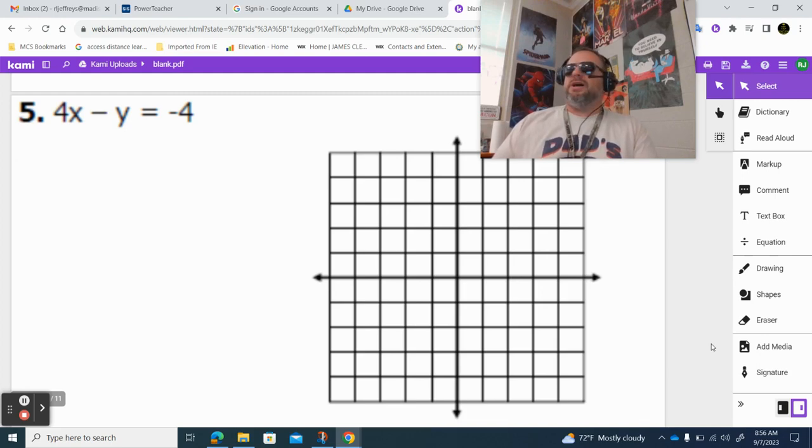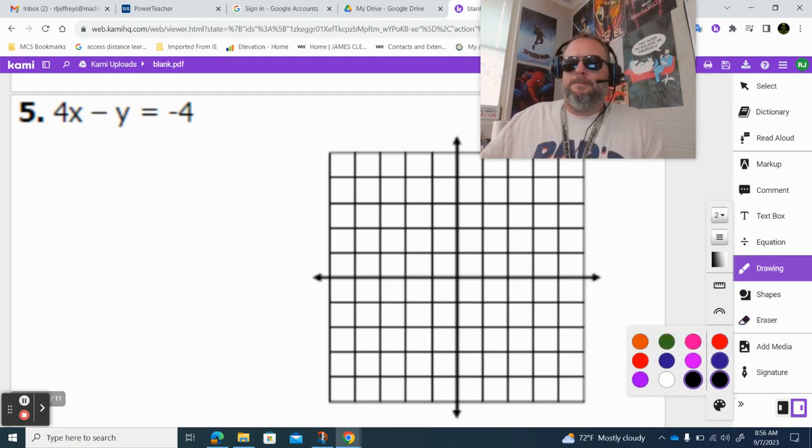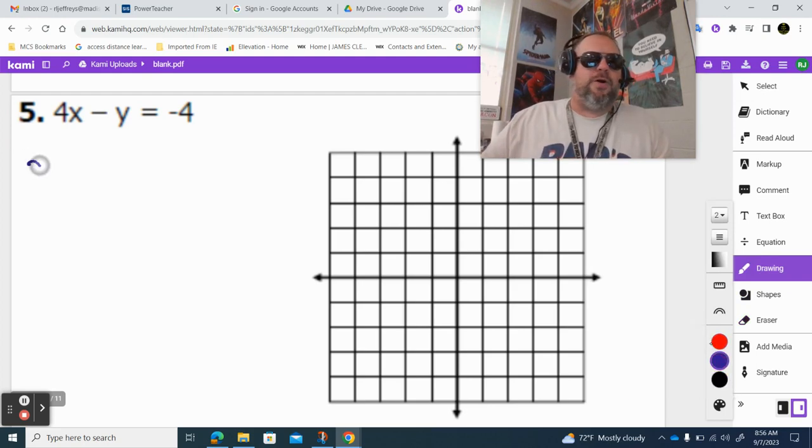Anybody want to try number 5? Oh, I know you can do it again. Let's see if we can spread the love a little bit. Nobody? Boo. Boo. All right, for our X intercept.